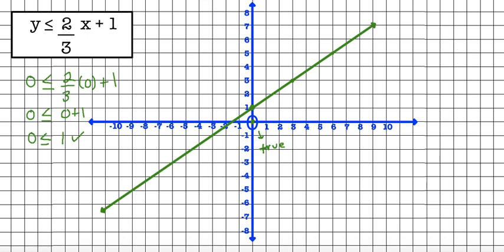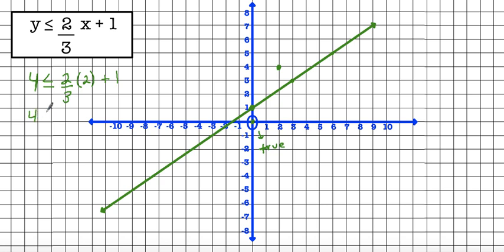And we could test out another point on the opposite side of the line to see if it's not true. You can pick any point you really want to. I'm going to pick the point, let's say (2, 4). So our y value is 4, so 4 is less than or equal to 2/3 times 2 plus 1.